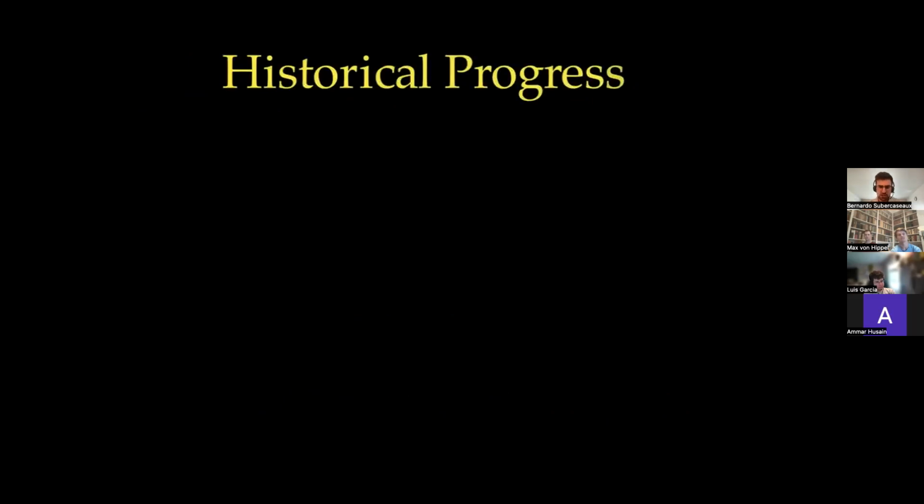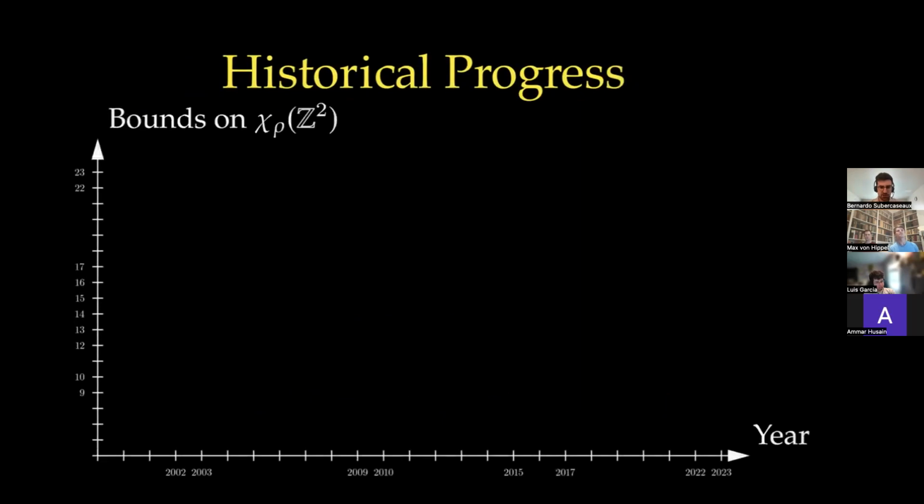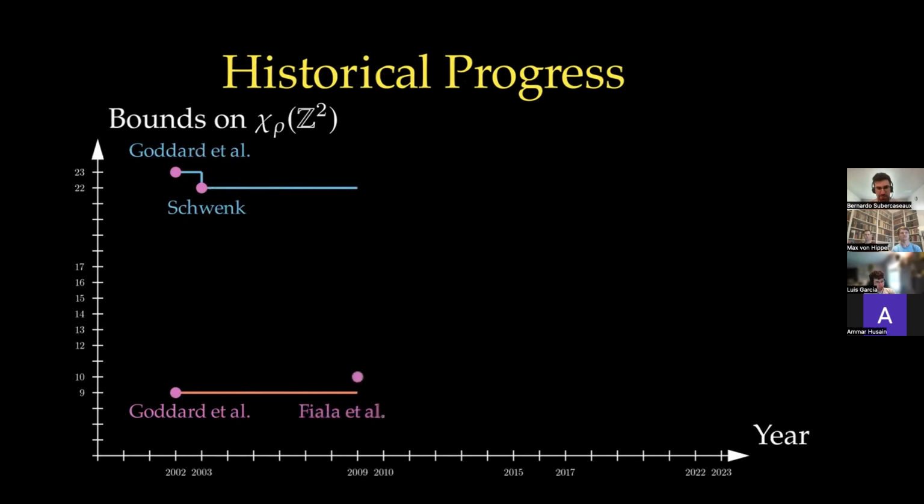So let's talk now about a bit of the historical progress on this question, because we didn't do this from scratch by any means. So this is sort of a plot over time of how the bounds were advancing. At the very beginning, in the seminal paper, people knew that the true answer was between 9 and 23. Then a slight improvement on the upper bound to 22.